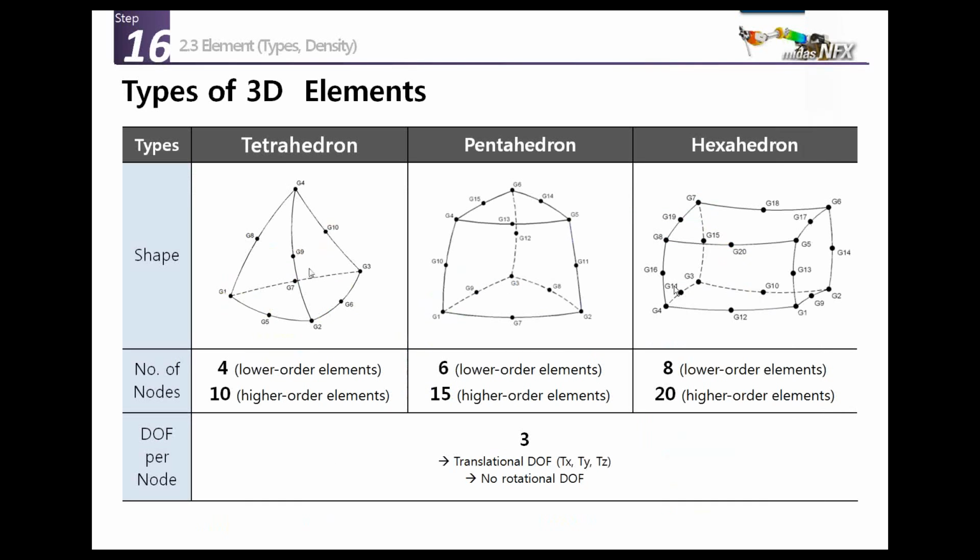Now you have different types of 3D elements. You can think about tetrahedron, pentahedron, hexahedron, and all that can be combined together using, for example, hybrid meshing, which is automatic in midas and NFX.